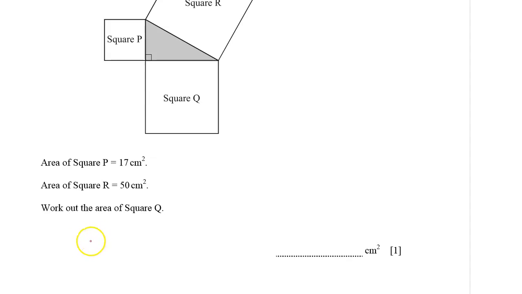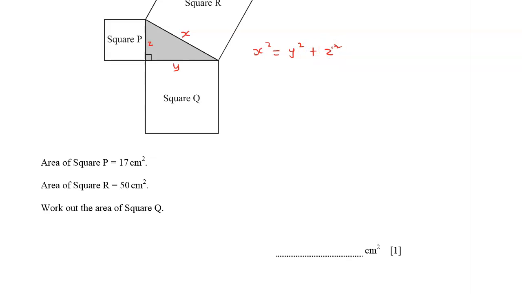To work out the area of square Q, we know from Pythagoras' theorem, if this side is x, this side is y, and this side is z, then x squared is equal to y squared plus z squared.